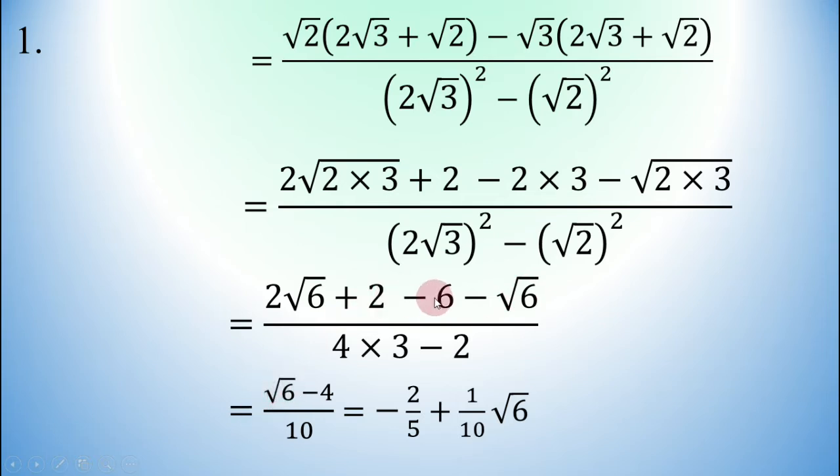Here plus 2 and minus 6 becomes minus 4. In the denominator, 4 into 3 is 12, and 12 minus 2 is 10.